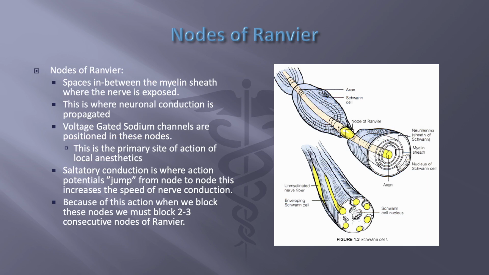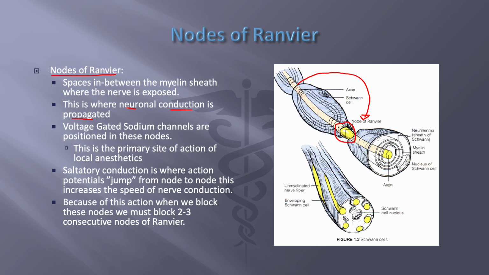So when we talk about impulse transmission and action potential, the nodes of Ranvier are going to be spaces in between the myelin sheath. So this little area right here. Okay, it's where the nerve is exposed. So this is where neuronal conduction is propagated, meaning that that impulse is able to skip from node to node.